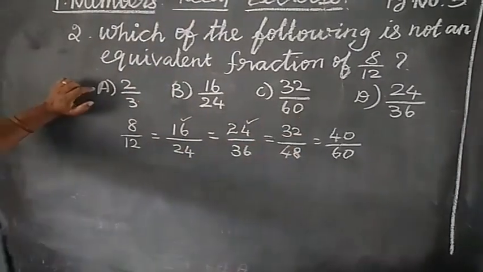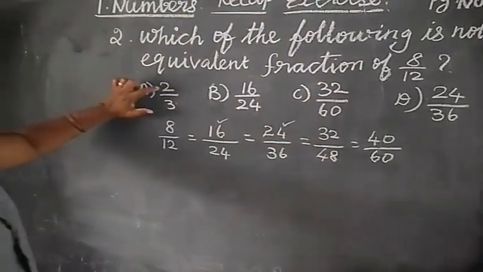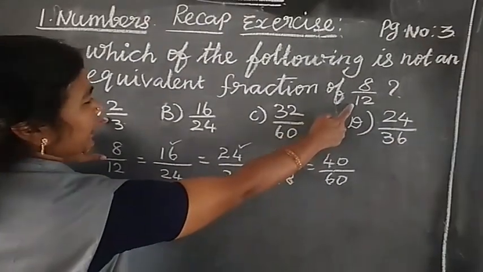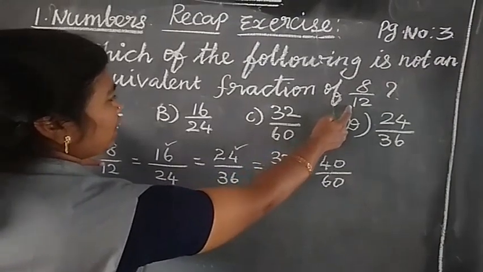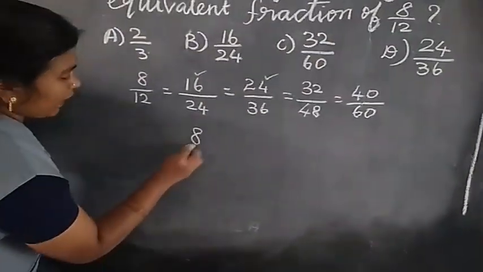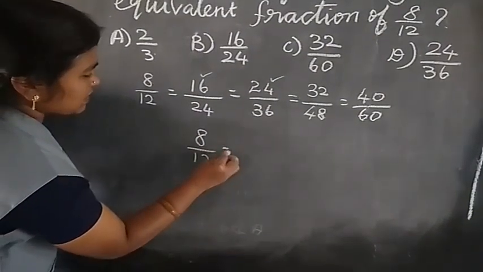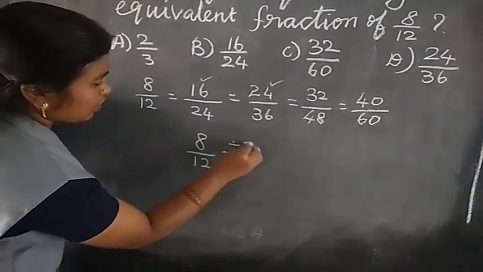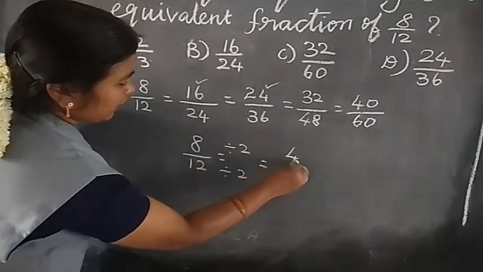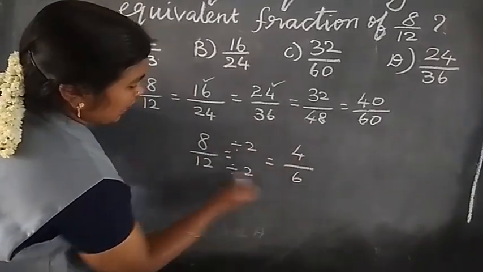And the first one you see, that is 2 by 3. This fraction is smaller than 8 by 12. So we simplify 8 by 12 and see. Shall we divide by 2? How many 2s are there? 4 2s are 8 and 6 2s are 12.